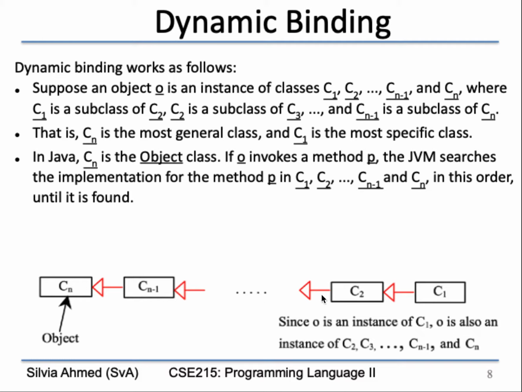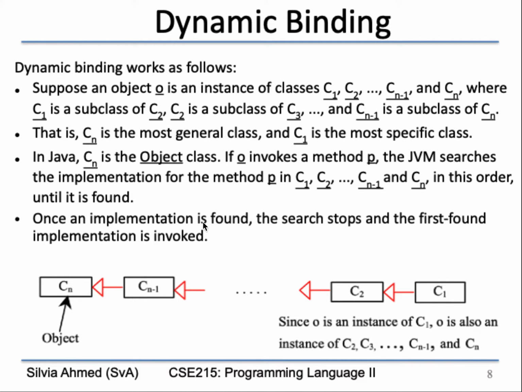So along this chain, whenever it finds the first implementation anywhere, it executes it. So once an implementation is found, the search stops and the first found implementation is invoked. This searching and execution by the JVM is known as dynamic binding.